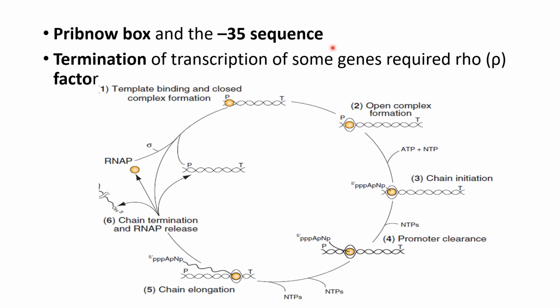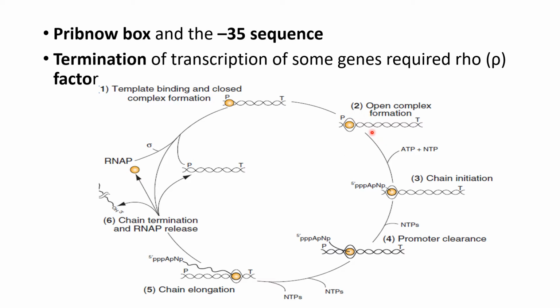First of all, the sigma factor recognizes the -35 sequence and forms a closed complex. Then it also recognizes the -10 box, which is centered about 10 nucleotides upstream from the transcription start site, and forms an open complex.